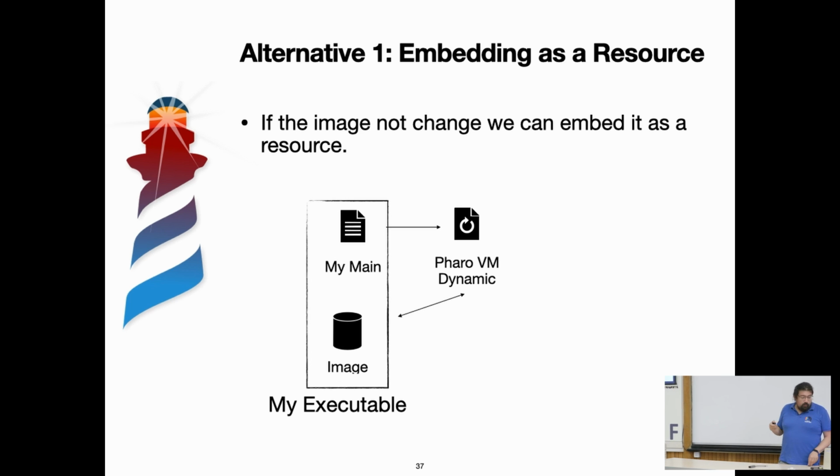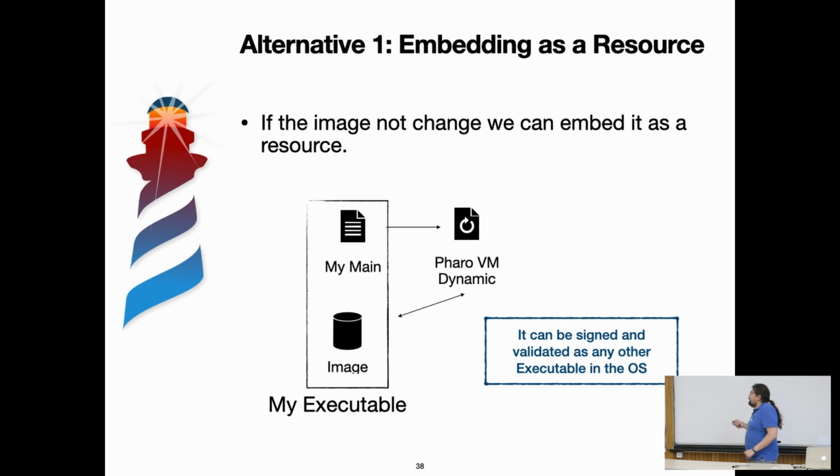In this way, we can handle the signing of the image and the validation of the image on the side of the operating system, as it is part of the executable. When we are signing the executable file, the signing will include the validation of the image. This is really, really nice, because we can ensure that the application will be validated by the signing done by the operating system. And every time we execute, we can be sure that the image has not been tainted.